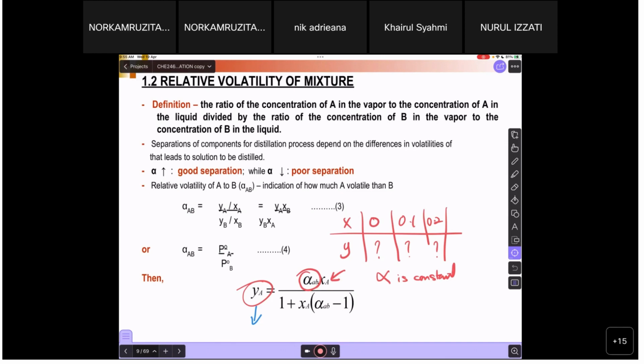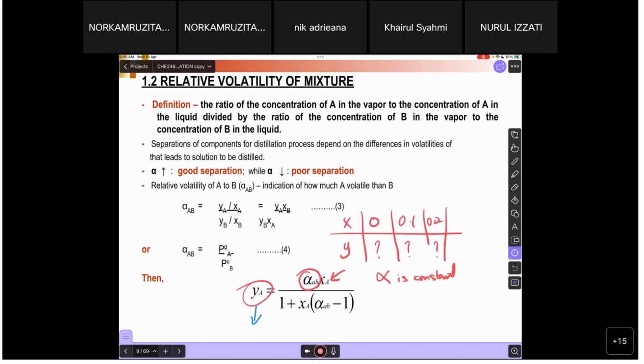Because in the factory, in the industry, you should have known before you proceed with the process. You cannot just simply say, I want to use distillation to do the separation process. You have to determine first what decision you should make before you proceed with the real process. So the value of alpha will give you the indicator.